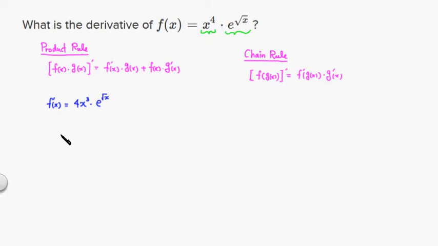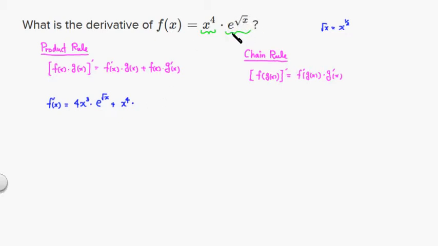One thing I would do is remember that the square root of x is equivalent to x to the 1/2 power. Sometimes this power form is easier when it comes to taking the derivative. So the second term would be the first guy, so nothing done to x to the fourth, but multiplied by the derivative of the second guy.